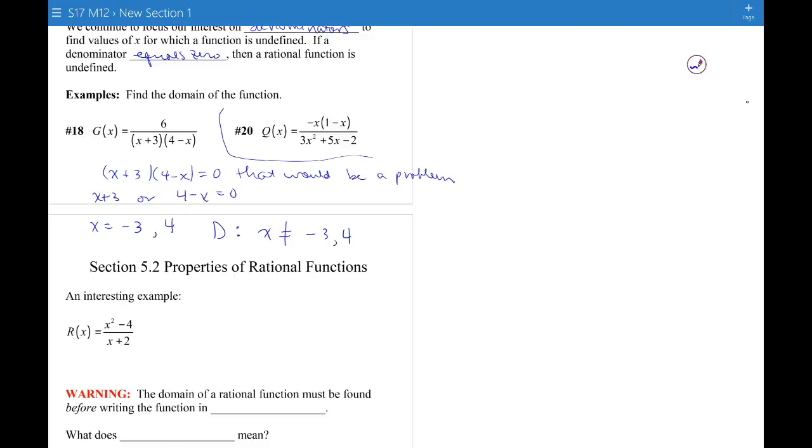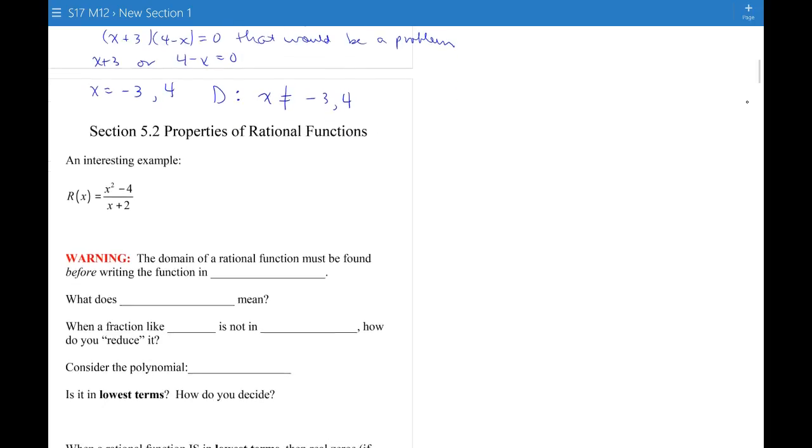And this is just a little fine point, but it's an interesting example. The domain of this function is x can't equal -2, right? But let's factor the numerator and see that it factors to x minus 2 times x plus 2, or the other order if that's how you learned it.